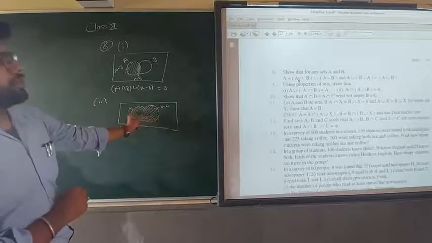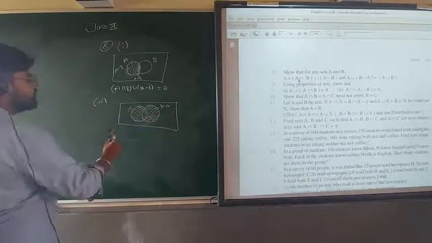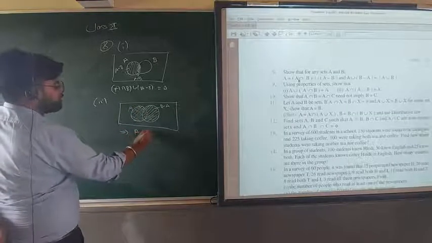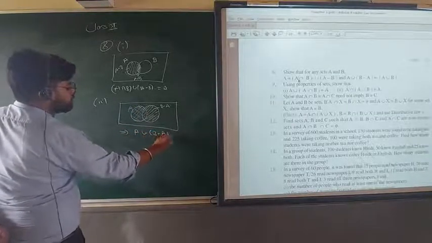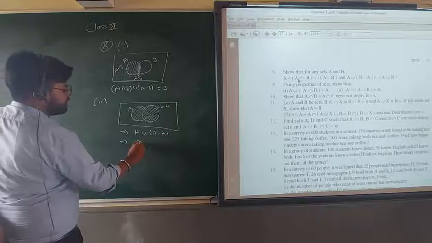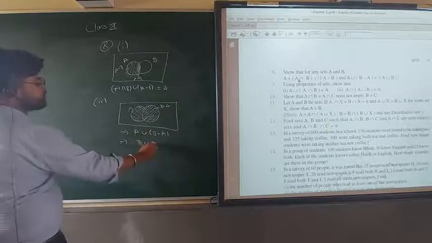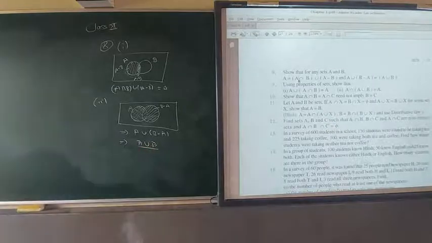The complete set A union B. A union (B minus A) will be equal to A union B. So by the Venn diagram we can simply show that.